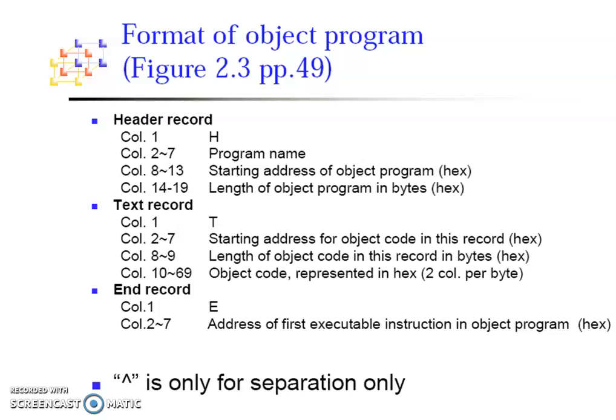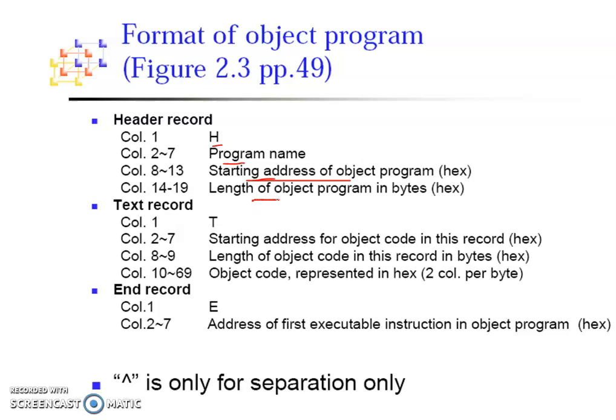Then the object code will follow a format like this. It will have a header record, text record, and end record. The header record starts with the letter H, followed by the program name, and columns 8 to 13 indicate the starting address.